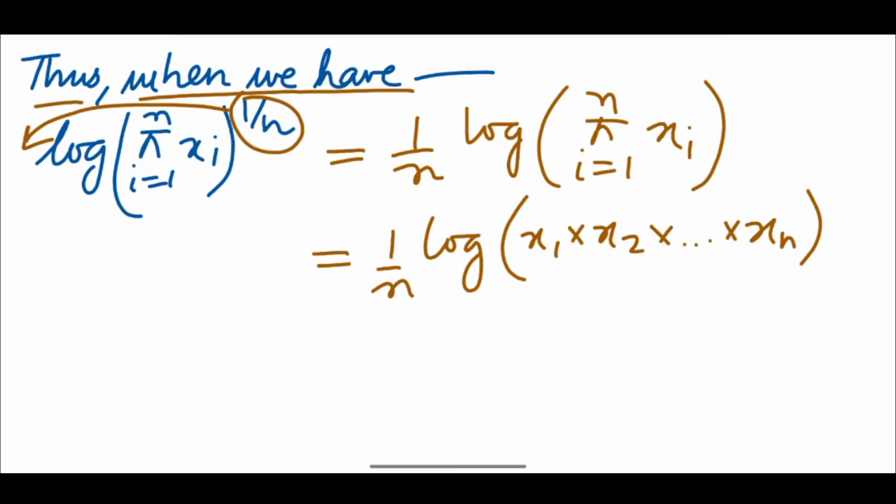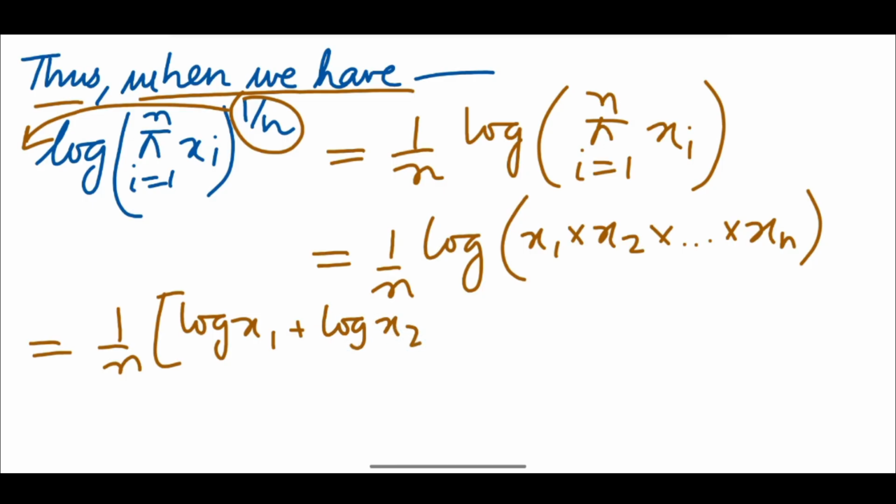As we know that when log is applied to the product of n numbers, it gives us the sum of logs of those numbers. Similarly, we will get in the next step 1 divided by n times log of x1 plus log of x2 plus up to log of xn.